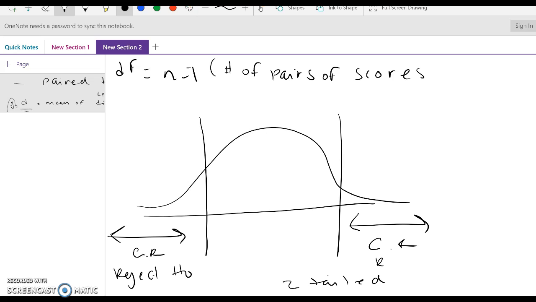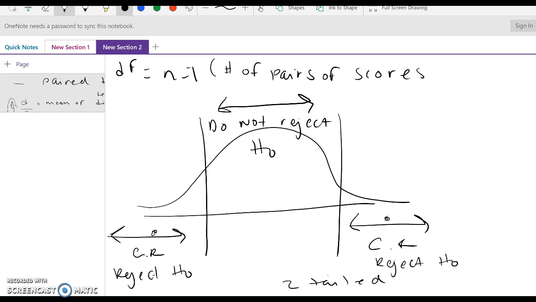Oops, sorry. So if our critical value falls in here or here, reject the null hypothesis. If it falls in here, though, we don't. So you do not reject the null hypothesis.